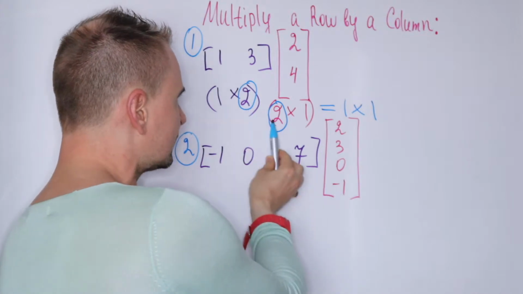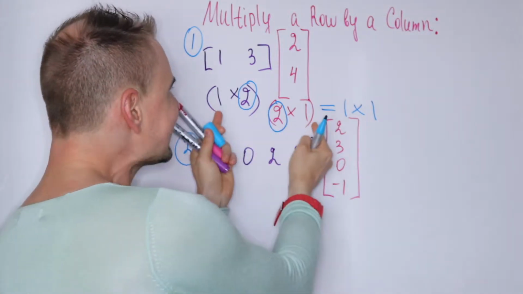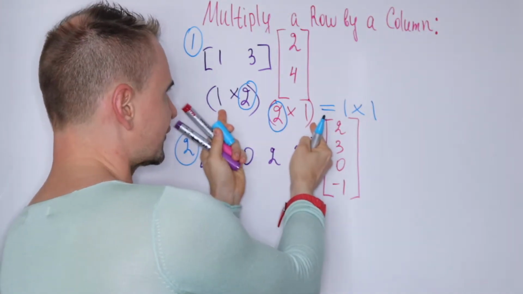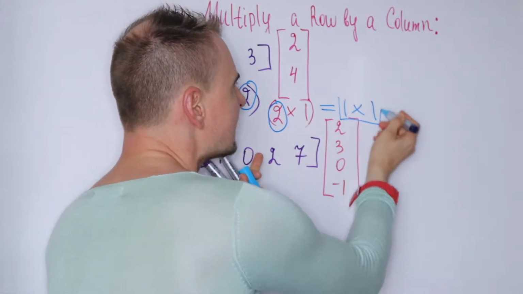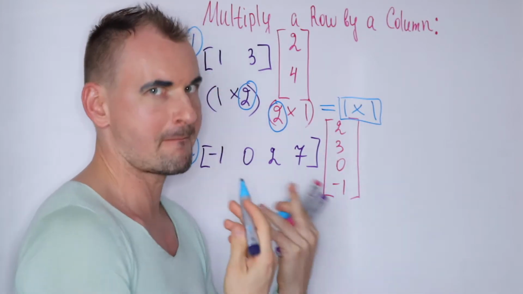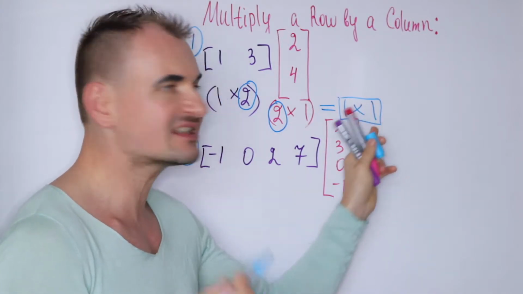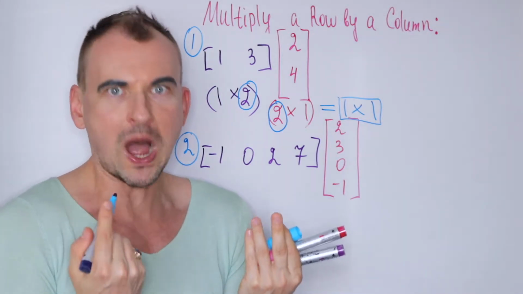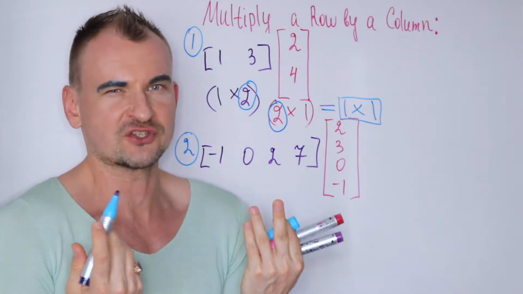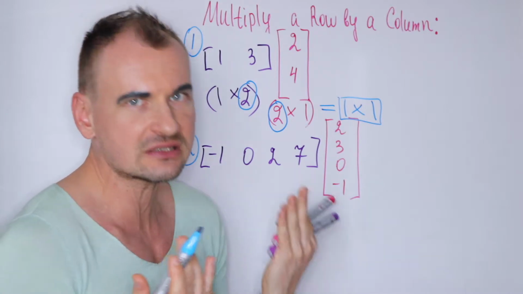In this case it's 2, and the outer numbers, 1 and 1, give you the size of the resulting matrix. So it's 1 by 1, which is just one single number. It's kind of a trivial case if you like.